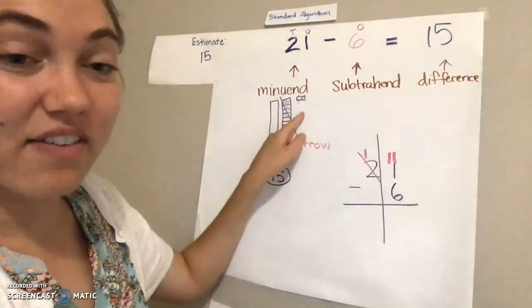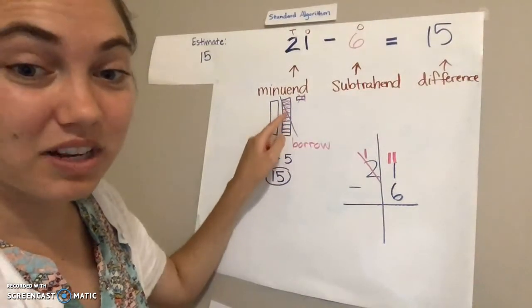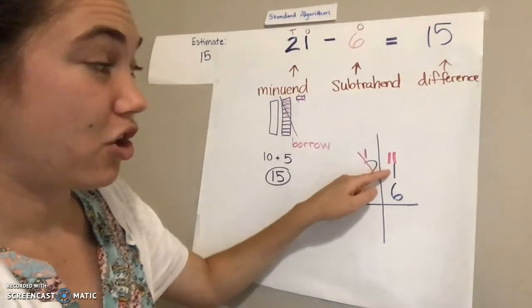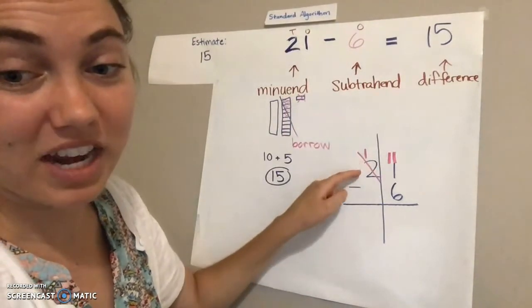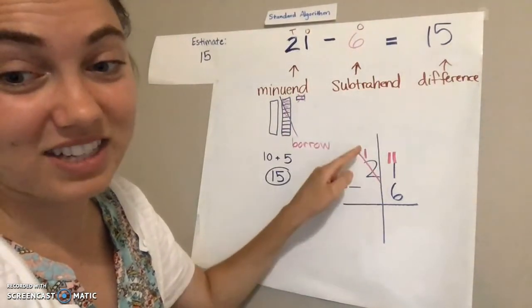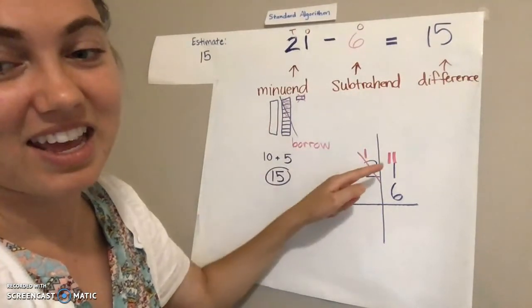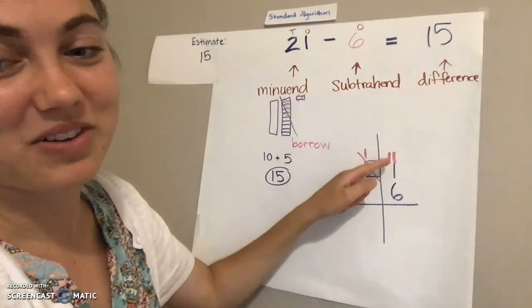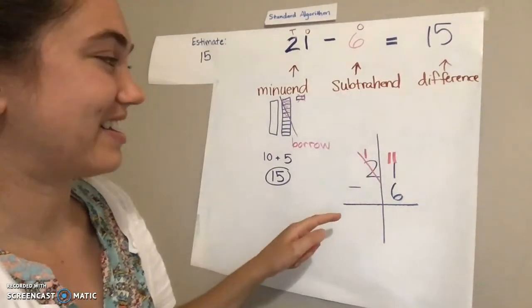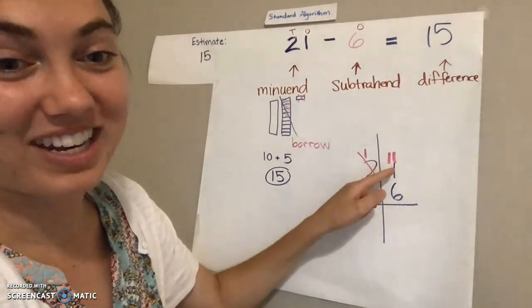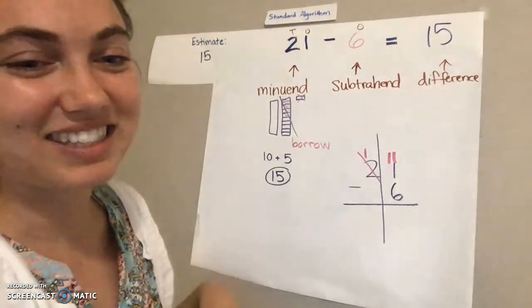Because we didn't have enough ones, we went next door to the 10s and crossed out a 10, so now we only have 1 10. And then we were able to add 11 here. So instead of just a 1, we added an extra 1 to show that we added a 10s place.